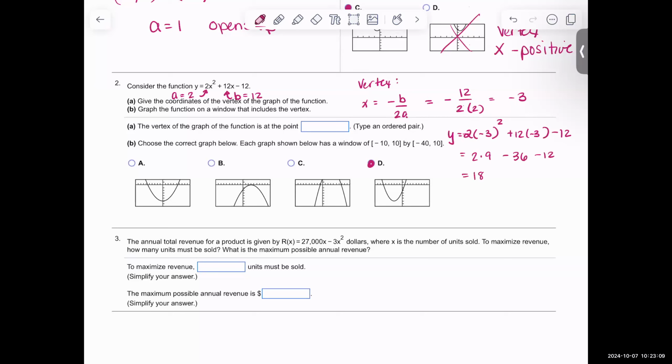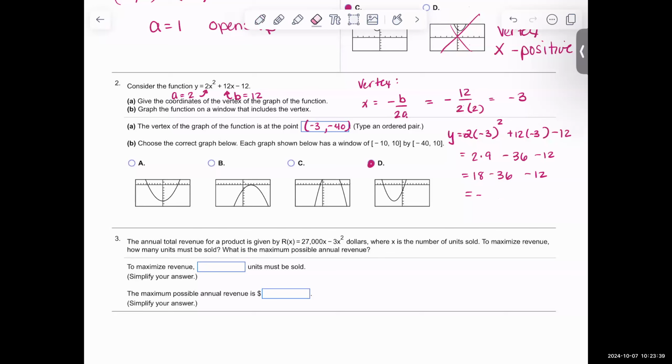So 18 minus 36 minus 12. Is that -40? So the vertex is (-3, -40)? Or is that -30? Can I not add? 18 minus 36 is -18, minus 12. That's -30. I can't add, I cannot.